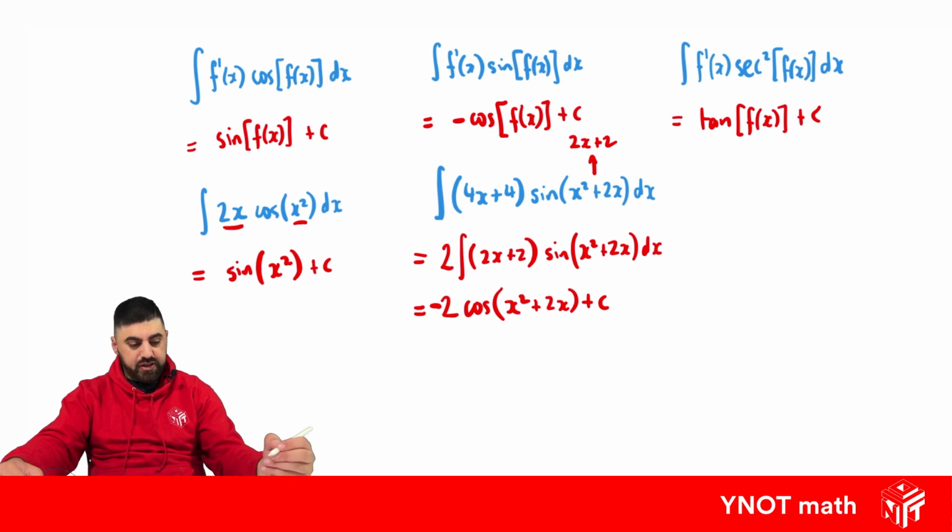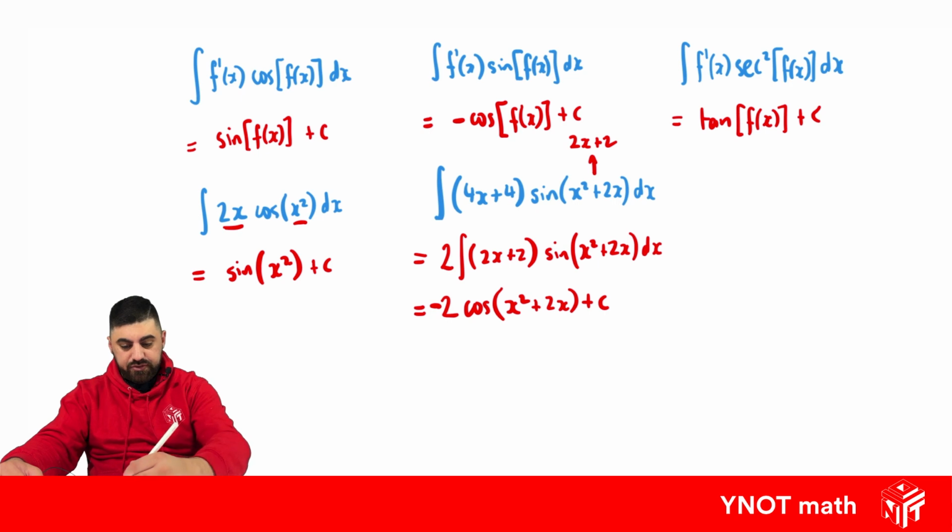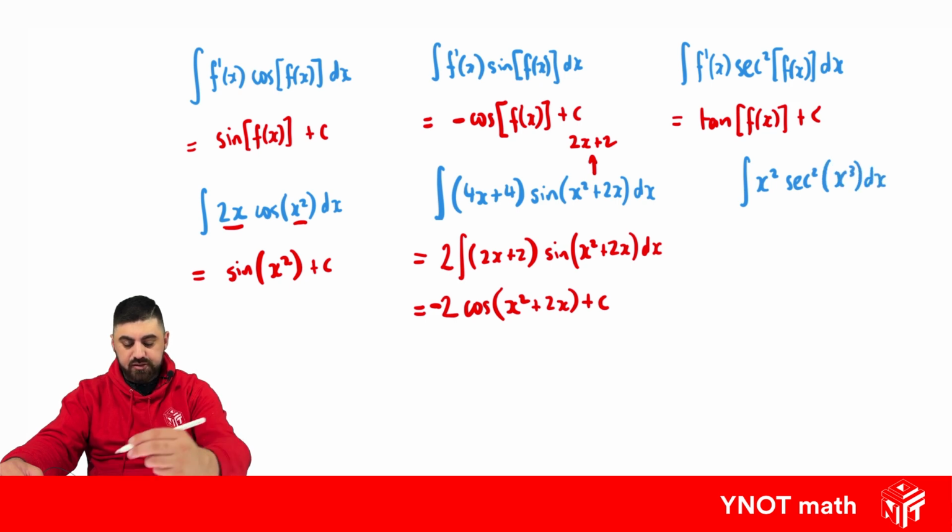Let's have a look at one more example. Let's have the integral of x squared sec squared of x cubed dx. So here our function is x cubed, and the derivative of x cubed is 3x squared. So that's what we need to be multiplied by our trig function, but we just have x squared. So we're just going to manipulate this slightly and put a 3 in front of the x squared, because that's what we need, but we can't just change the question.